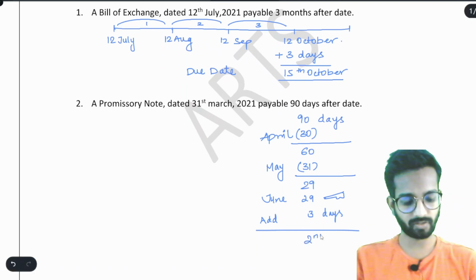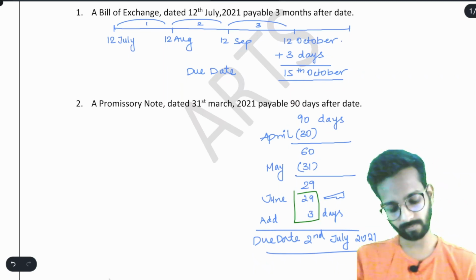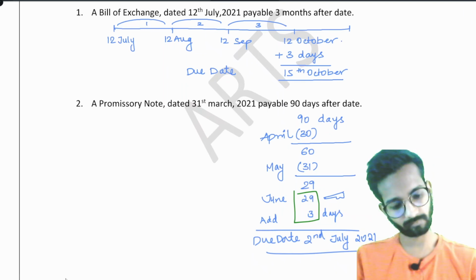So the bill is due on 2nd July 2021. Due date. This is how you have to take care that 29th June is the due date. Add 3 days, it will become 2nd July. Now moving to the next question.